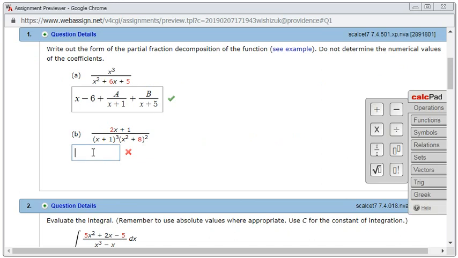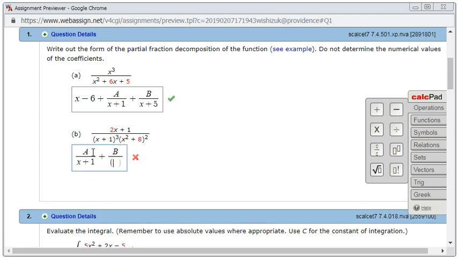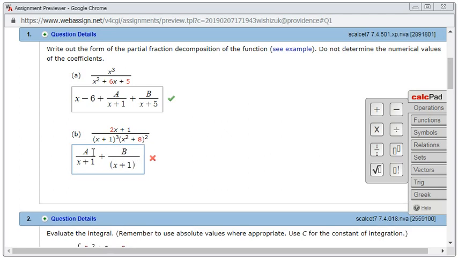What we got was A over x plus 1, plus B over x plus 1 squared, plus C over x plus 1 cubed, plus, we have to do a big fraction, hold on a sec.